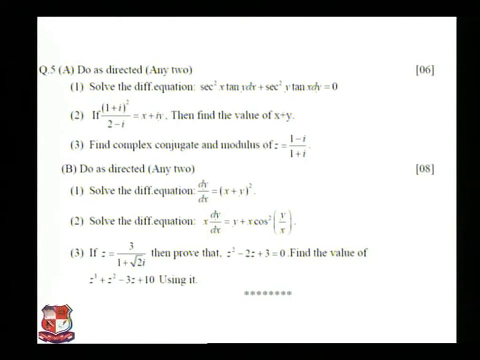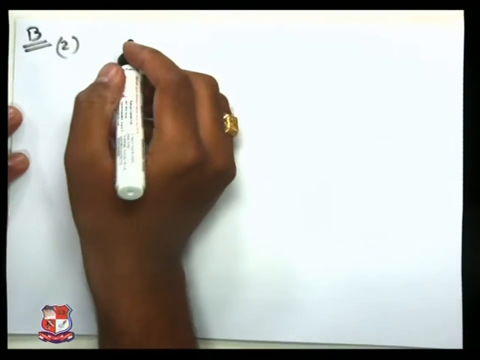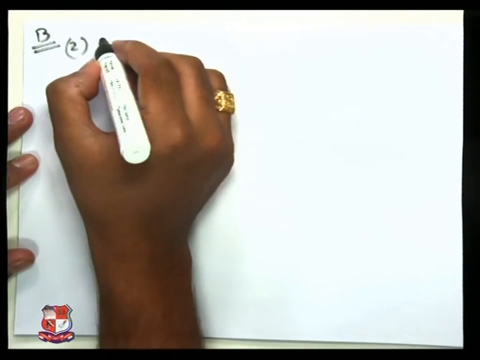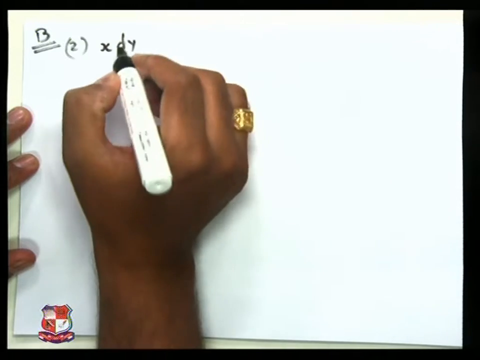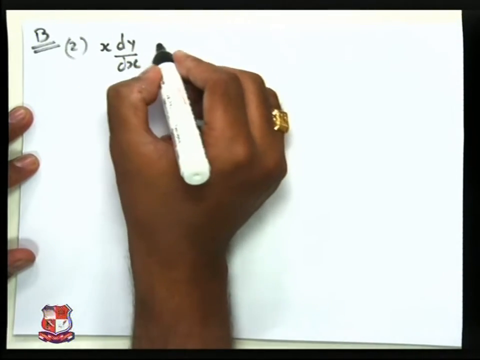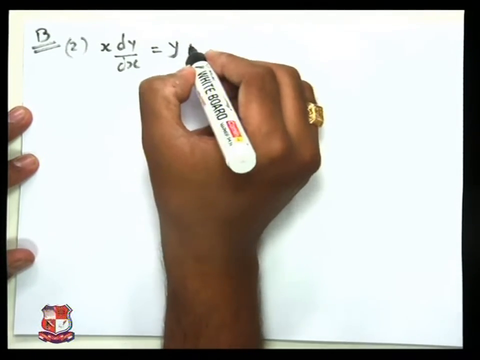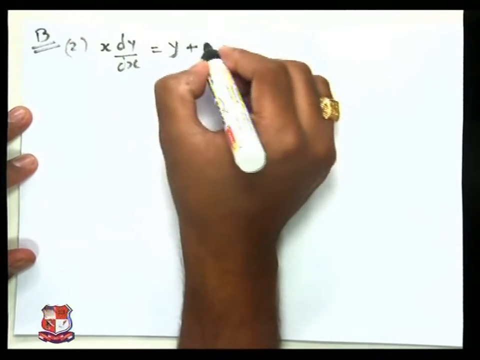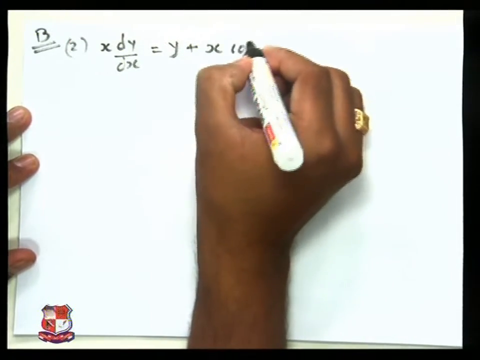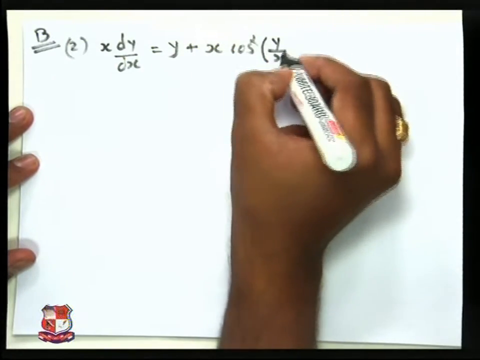Second sum, b second: x dy by dx is equal to y plus x cos square y by x.